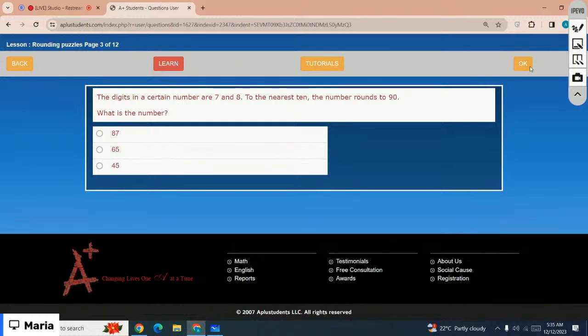The correct option is 87. 87 is rounded to 90. Very good.